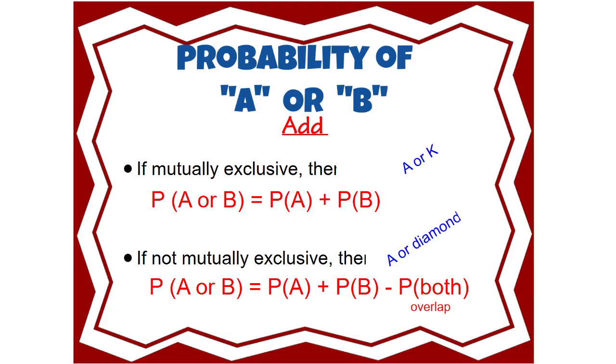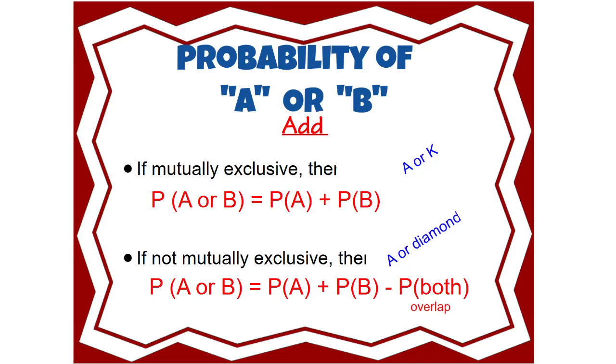That's the probability of one or the other happening. Now that's the rule, the formula we would use if these events are called mutually exclusive. That means they're totally different things. They can't happen at the same time, like getting an ace or getting a king. Those are 2 totally different things.